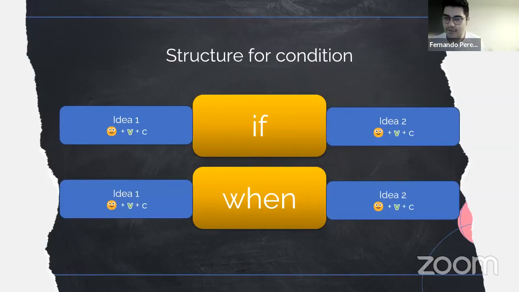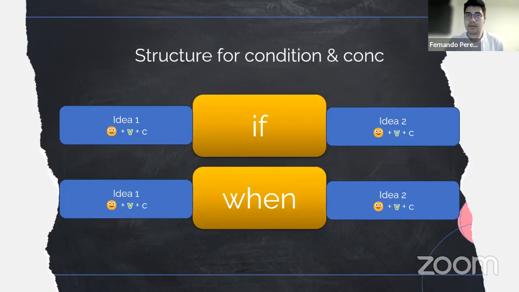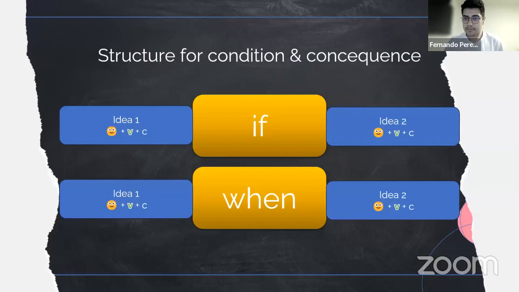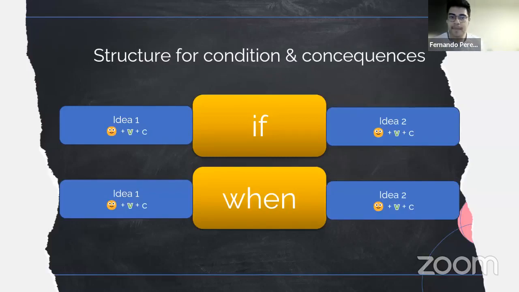We are asking for conditions and consequences. Okay? Conditions and consequences, because idea number 1 is a consequence of idea number 2. I repeat, idea number 1 is a consequence of idea number 2.